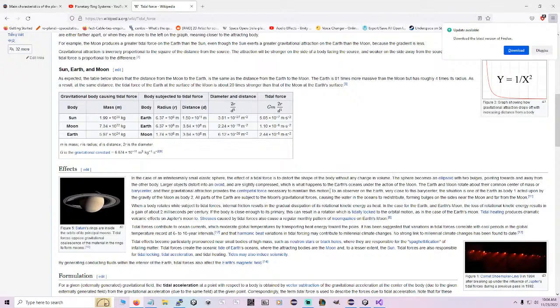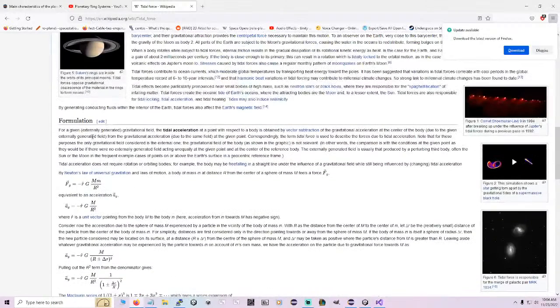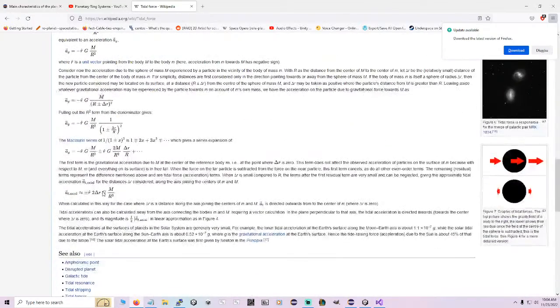Okay, so the tidal stress depends on how big it is. Here's tidal stress, tidal acceleration. Understand these things. Force is the gravitational constant times the mass of the one times the mass of the other, over the radius between their centers squared.